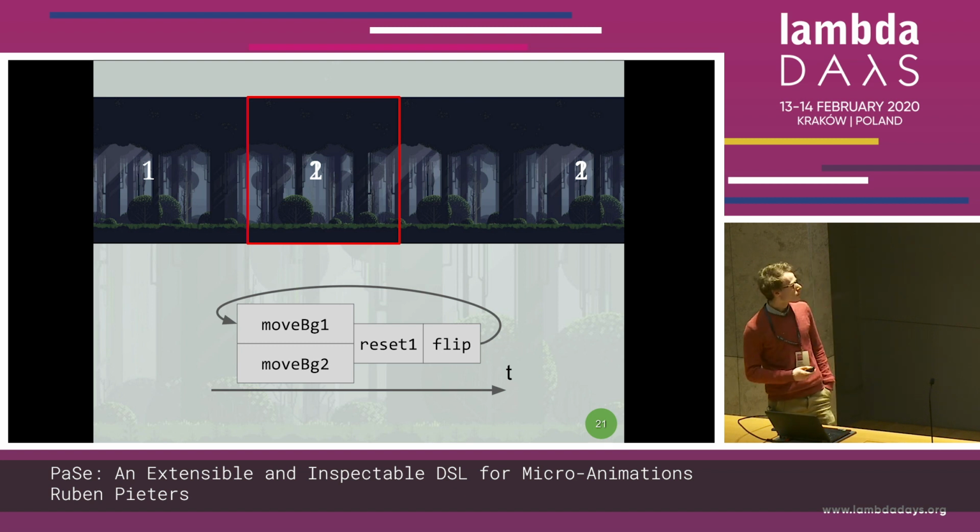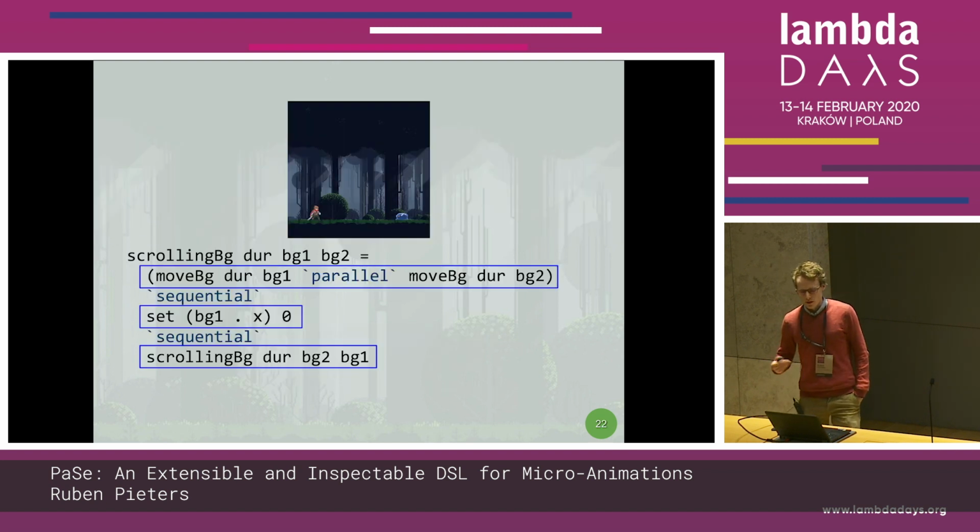In a timeline, we can describe it like this, where we have the moving of the backgrounds in parallel, and then the resetting and the flipping, which technically takes an instant amount of time. So there is a continuous movement of the backgrounds one after the other. We have the same pattern as we saw before, where we converted timelines into code. We have the moving of the backgrounds, which is composed in parallel.